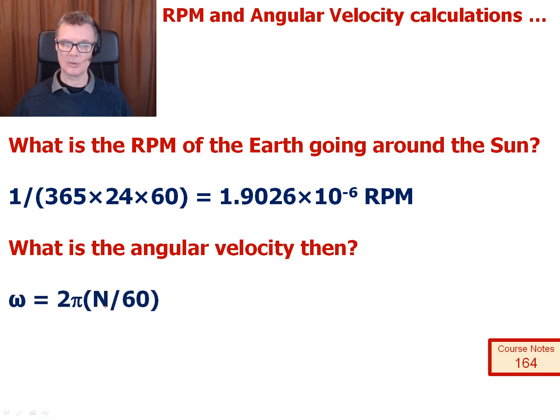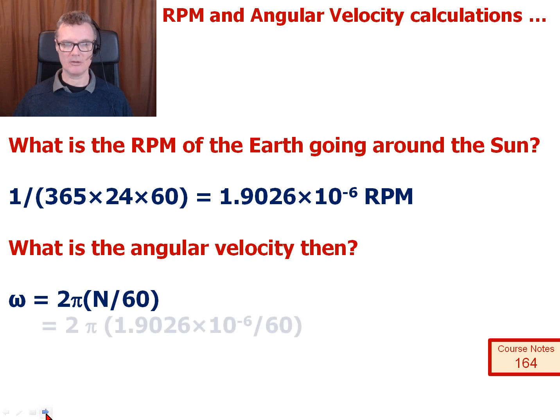For this, we will take how to convert RPM into angular velocity. We'll rewrite it that way around. So we are looking for angular velocity, so when we take the RPM, we want to divide it by 60. So that would be per second. So that becomes even smaller. But then we multiply it by 2 pi, so it moves it up a little bit. But overall, it's going to make it a smaller number.